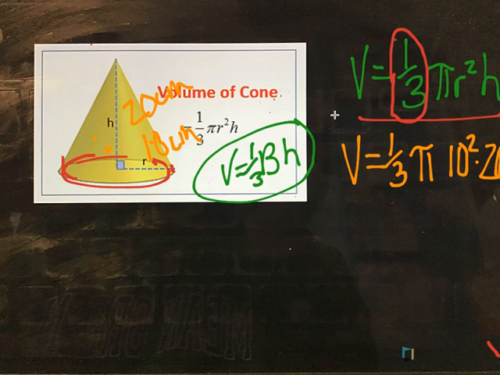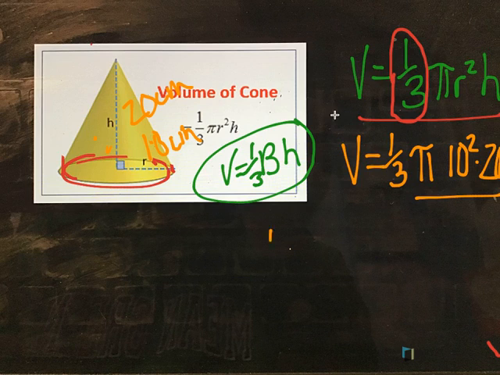So what we're going to do now is plug in what we do know to solve for what we don't know. So we're going to type in the calculator. The way I'm going to type this in is I'm going to do pi times 10 squared times 20. So let's do pi times 10 squared times 20.